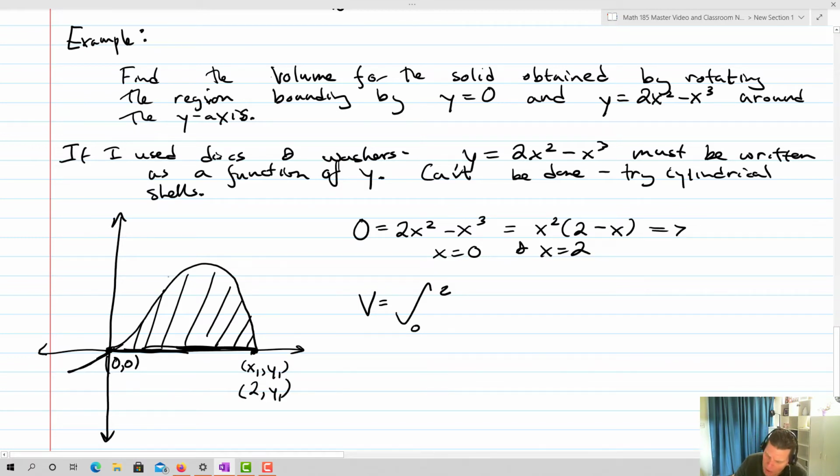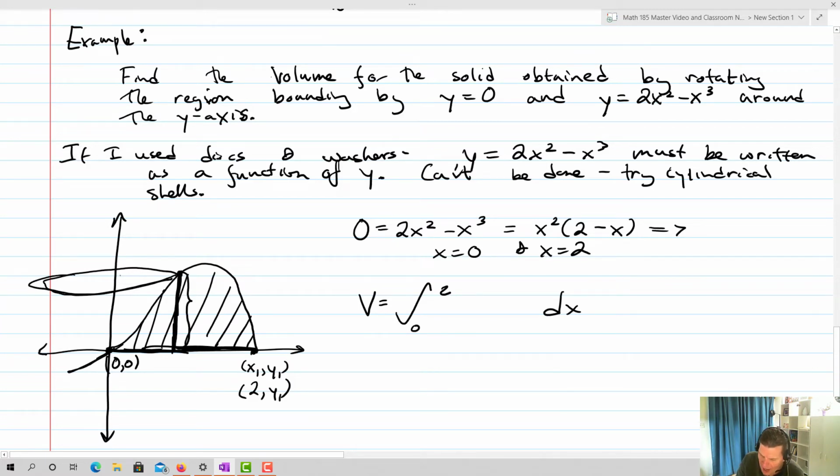Now I want to utilize my picture to visualize what the values are going to be for my radius and my height. My thickness I know is going to be dx. And now my height, there you go, there's the height, and that's the value for the function.